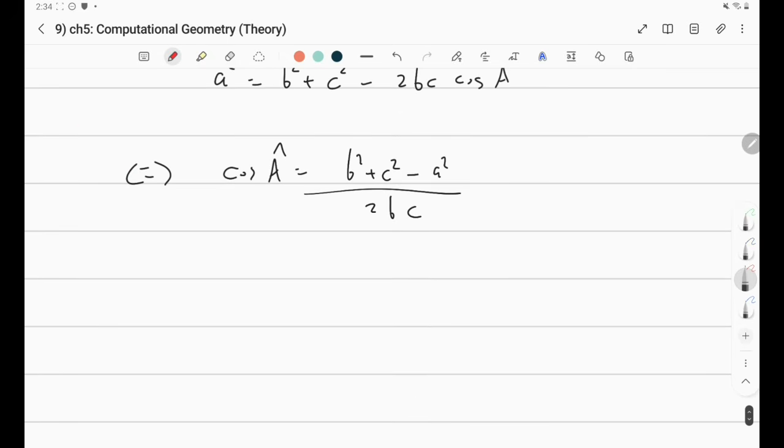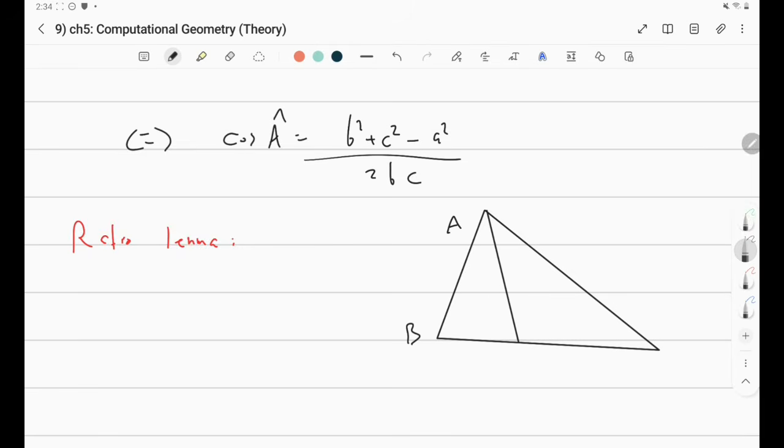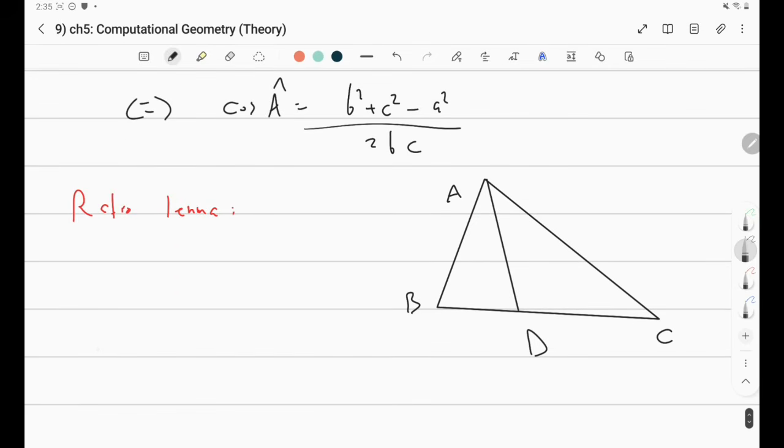Of course, do not forget the most important lemma out of these, which is the ratio lemma, right? If you remember, you have something like this, and you have these angles, then you can find BD over DC is just AB over AC times sine BAD over sine DAC.